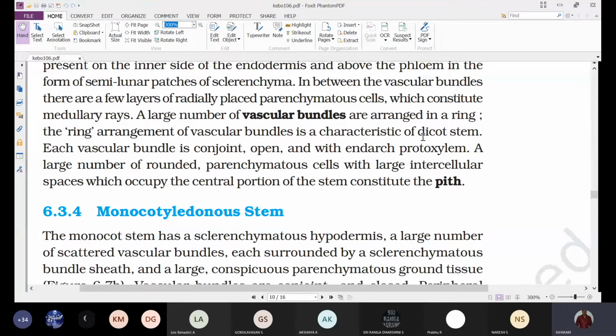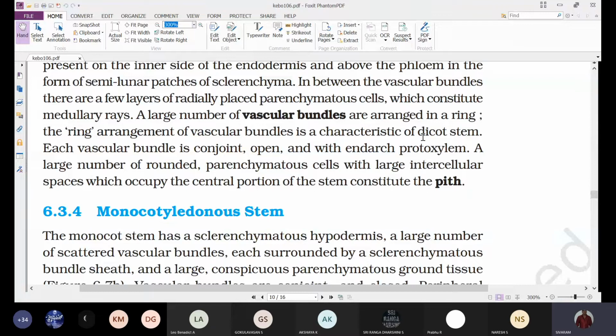And in between the vascular bundles, radially arranged parenchymatous cells are present, which represent the medullary rays. The central part of the stem consists of a large number of rounded parenchymatous cells with large intercellular spaces, which constitute the pith. And when you observe the vascular bundles, a large number of vascular bundles are present, radially arranged in the form of a ring-like structure.